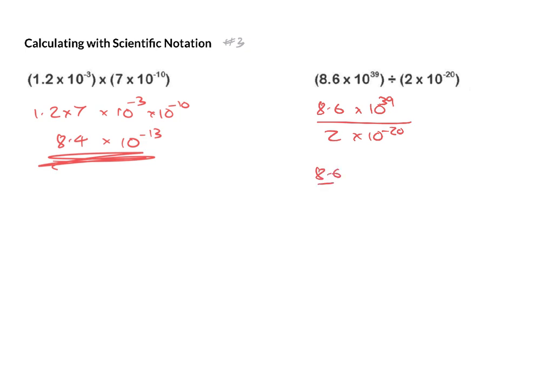So I've got 8.6 over 2 times 10 to the 39 over 10 to the minus 20. 8.6 divided by 2 is 4.3. That's a nice number to get. And then 10 to the, I got 39 minus 20. That's 39 plus 20, which is 10 to the 59. And again, this is in scientific notation. My number 4.3 is between 1 and 10, so I am now finished.